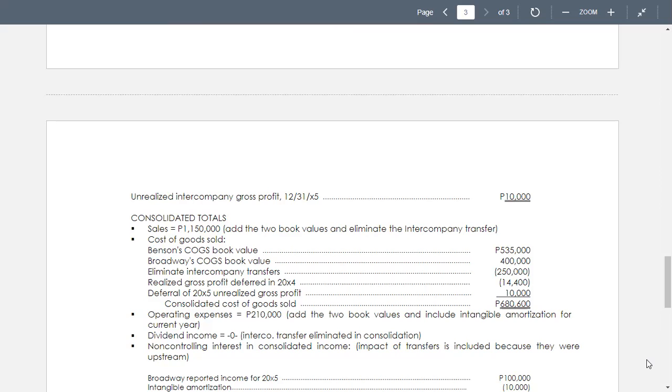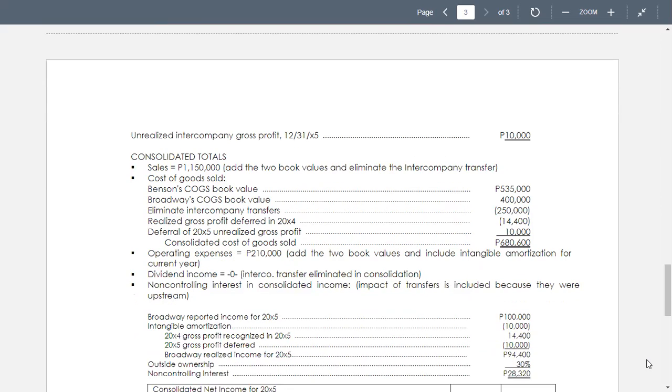For dividend income, 0. Intercompany transfers are already eliminated in consolidation. For non-controlling interest in consolidated income, the impact of transfer is included because they were upstream.